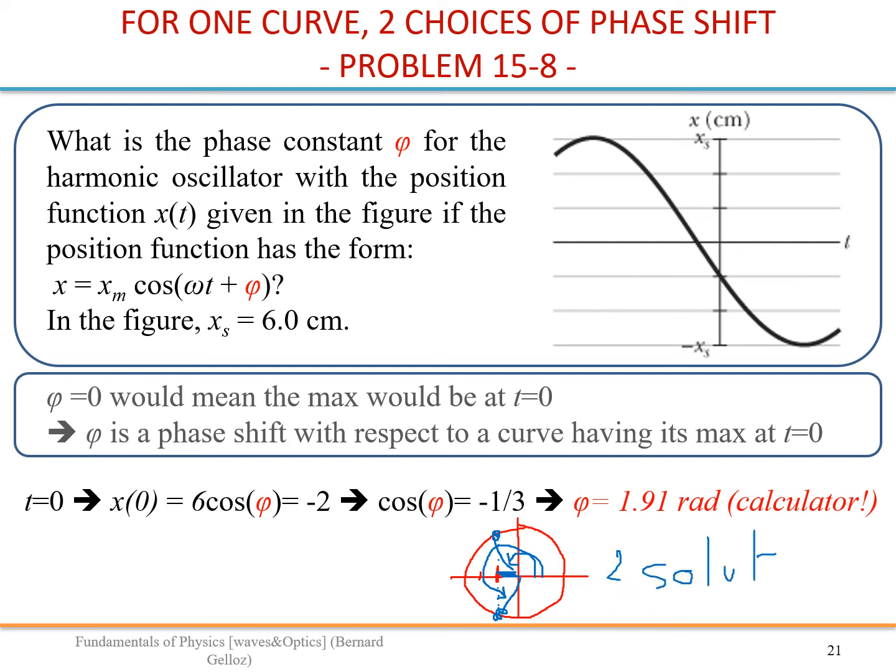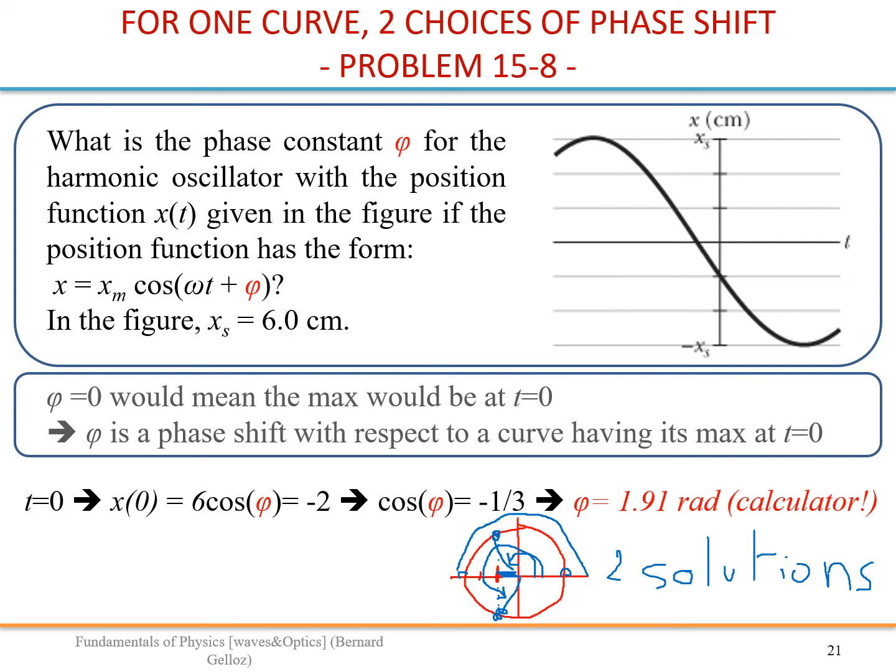And your calculator actually gives you only one. So your calculator is taught to give you one solution in between. For a cosine, the cosine varies from +1 to -1, so your calculator will give you a solution within 0 to pi. Okay.